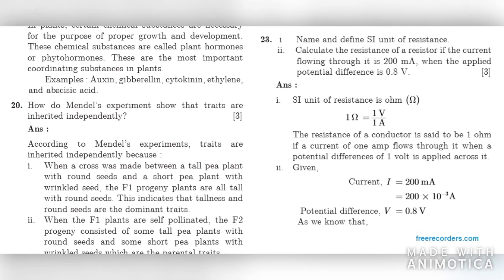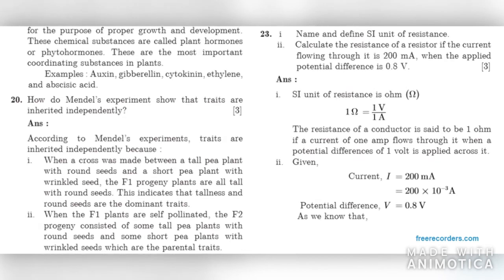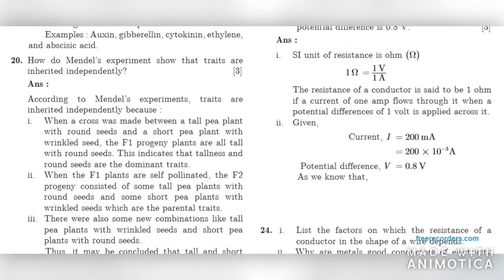Then in the second part, calculate the resistance of a resistor if the current flowing through it is 200 milliampere when the applied potential difference is 0.8 volt. The current is given in milliampere, so you have to convert it into ampere. Then V is 0.8 volt, and you have to find the resistance. So R is V over I. Put in the values of V and I respectively, and you will get your resistance as 4 ohm.